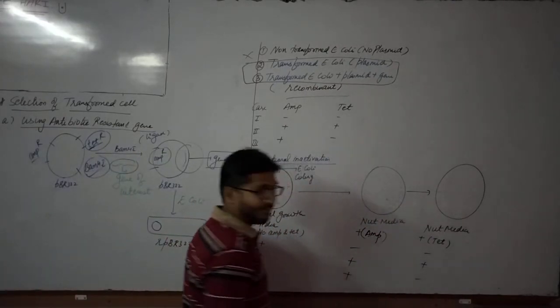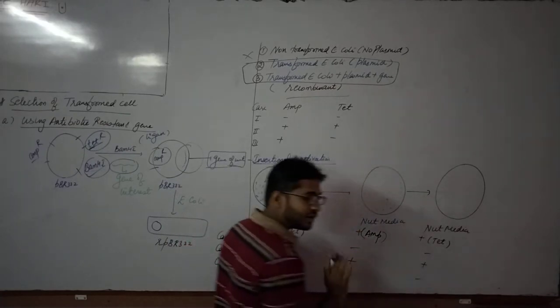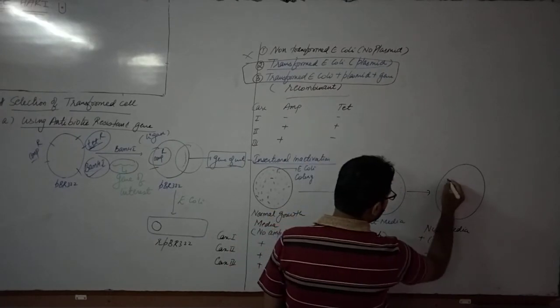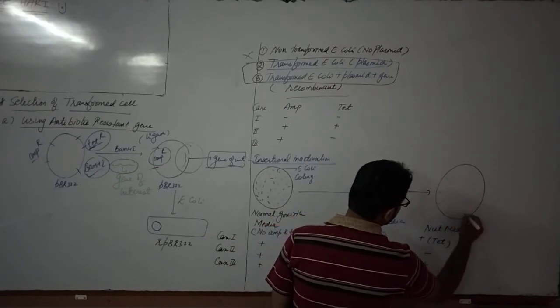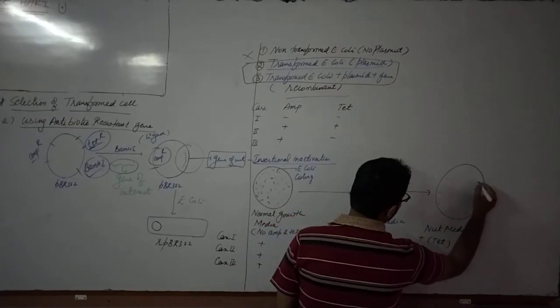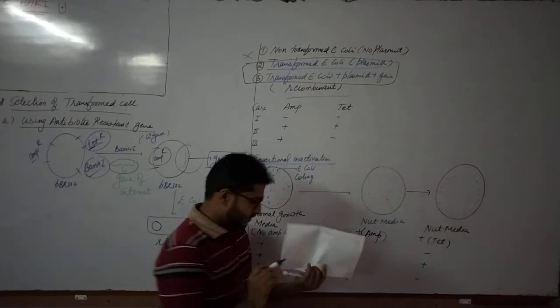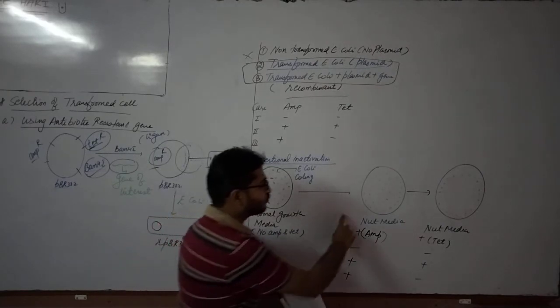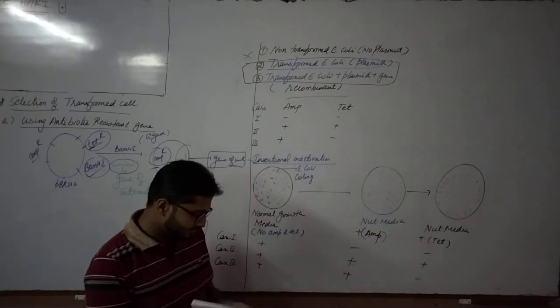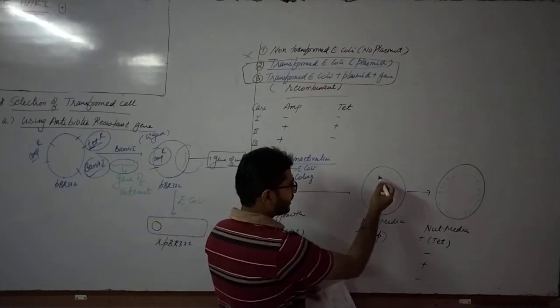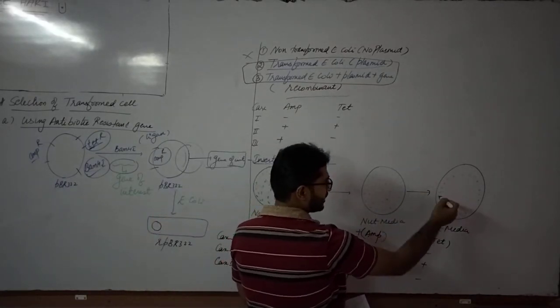So from here, we will get colonies of only case number 2, transformed E. coli with plasmid. So let us say we are getting these colonies. Now we have to compare these two, based on the location. Circular colonies are there, and here also circular colonies are obtained.